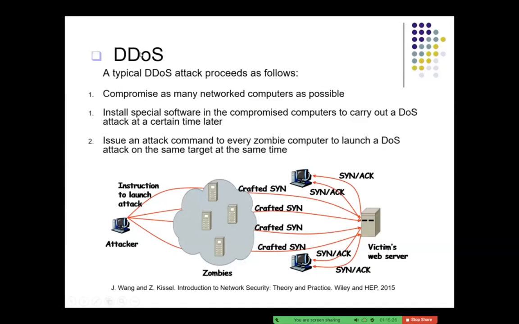A distributed denial of service attack would be something like this. The attacker will first control or compromise a bunch of computers. For instance, they could use a Trojan Horse to lure these computers to download certain software, and that software allows the attacker to control these machines. After that, these machines are called zombies because there is a zombie program installed.